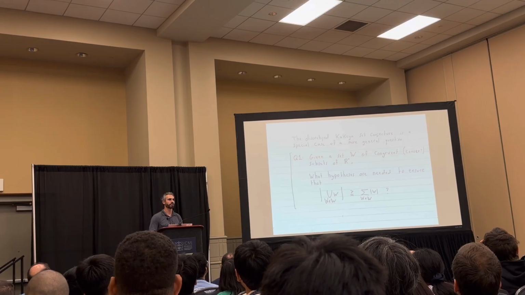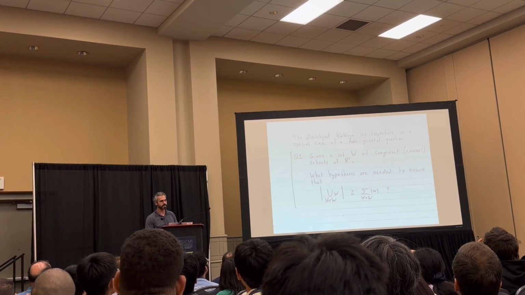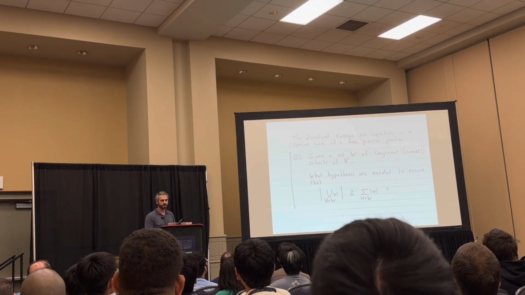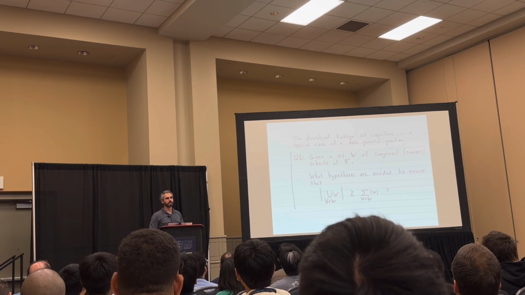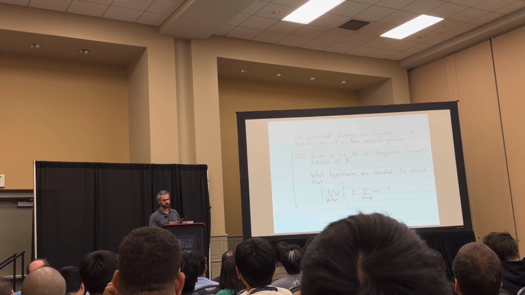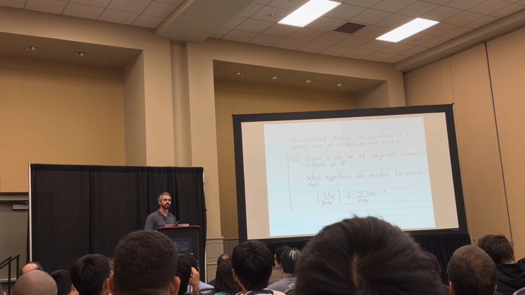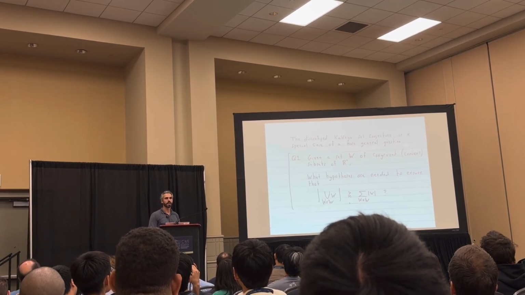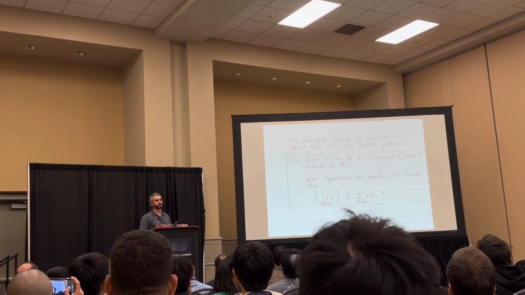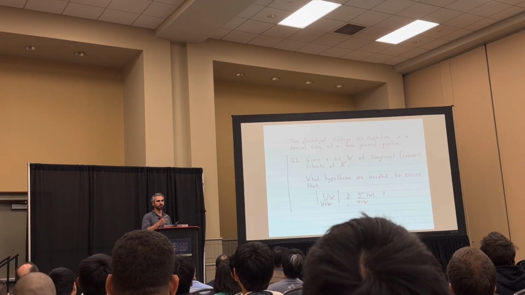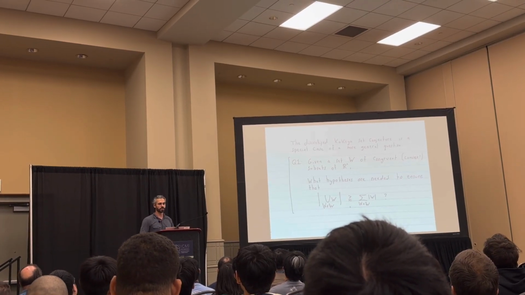But let's say I have a collection of congruent convex sets in Rn. What hypotheses are needed to ensure that their union is almost disjoint? And I have this double squiggle here, which perhaps is a bit vague, but you can imagine this is related to the eccentricity of these convex sets, for example. And the Kakeya set conjecture is an example where your convex sets are all congruent copies of a tube, but there's many other questions you could ask.